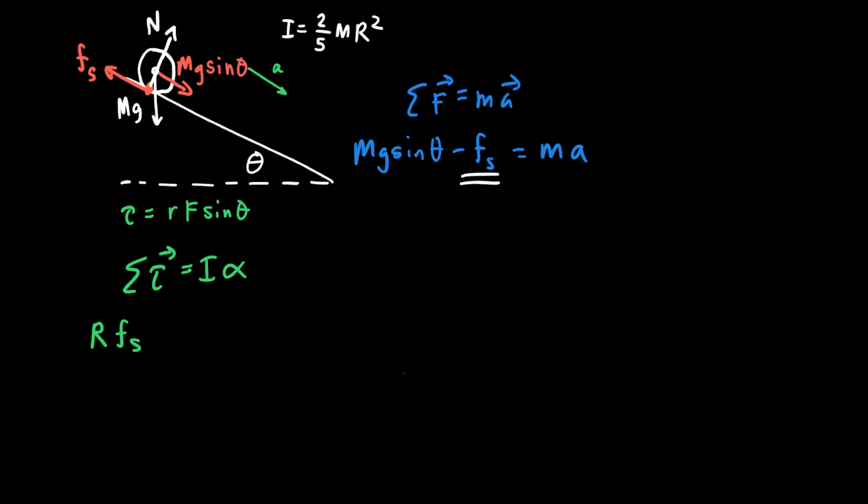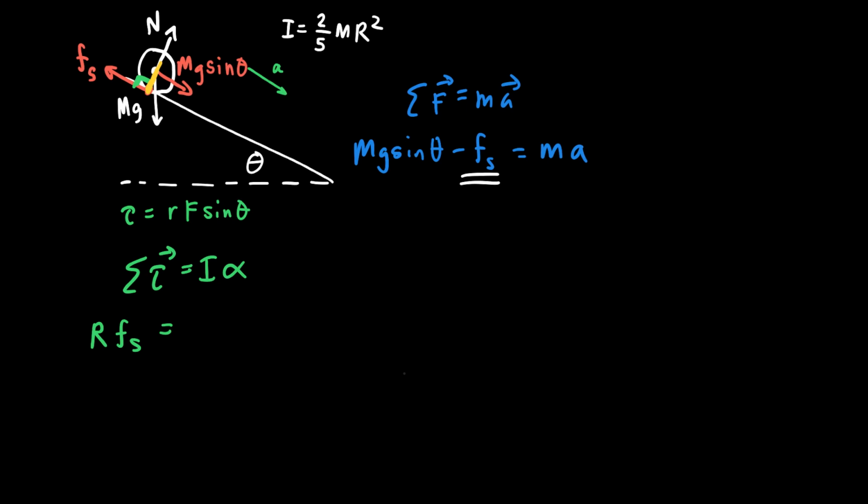And the angle between those two, I'm going to draw the angle here in green, is 90 degrees, right? R points along this yellow line that I'm adding, and the frictional force is perpendicular to that. And the sine of 90 degrees is 1, and so I can just write R times Fs times 1, which I don't need to write, for the torque on the left-hand side. Since that's the only torque, I continue by writing equals.